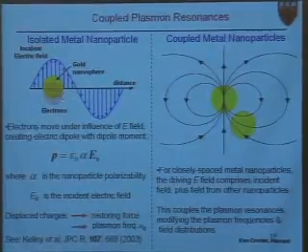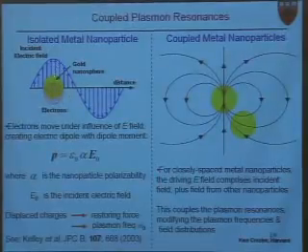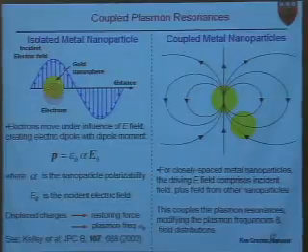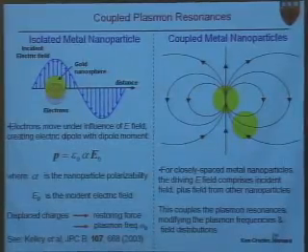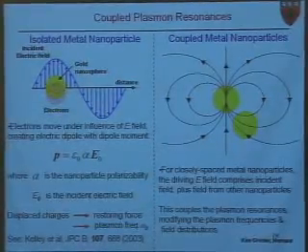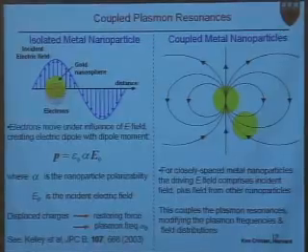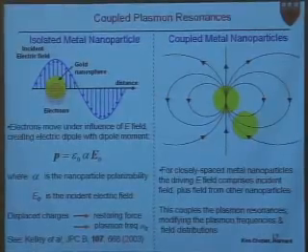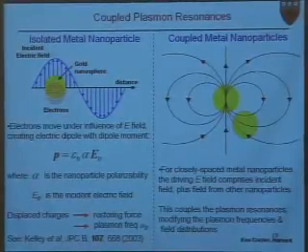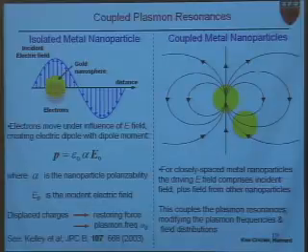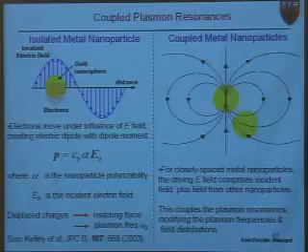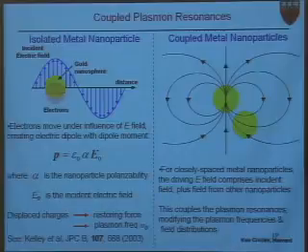So there's a restoring force to re-establish charge neutrality, and so we can think about this as like a mass on a spring. We have a spring with a certain spring constant, a mass on it, we displace it, and there's a restoring force. And just like a mass on a spring, there's a frequency associated with that, the plasmon frequency. And if we illuminate the structure with light of that frequency, then we'll excite this dipole very strongly, and it'll radiate.